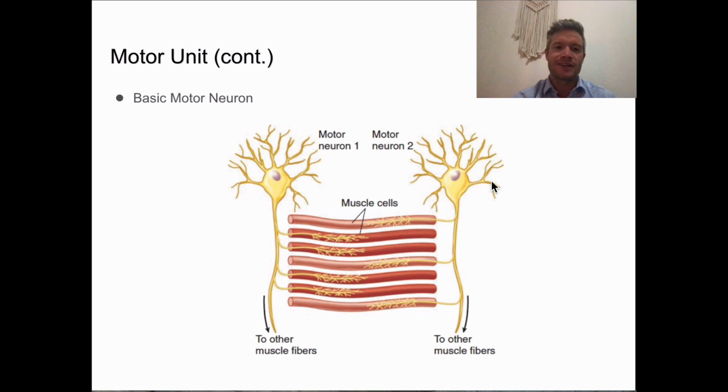And there's this idea of an all or none principle, where a signal that starts and reaches a certain point here, the axon hillock, and gets sent down the axon will excite and cause everything down the axon to have a signal sent down it. Okay, so that's an action potential.